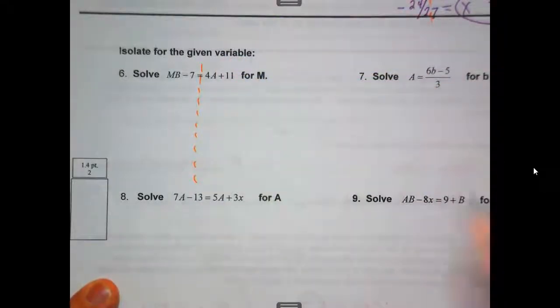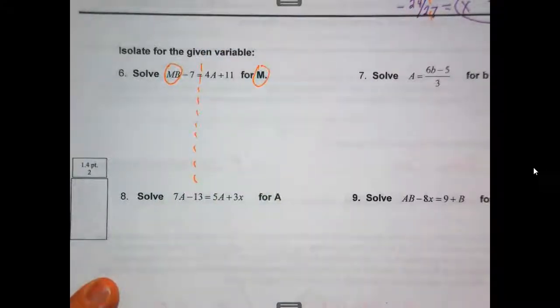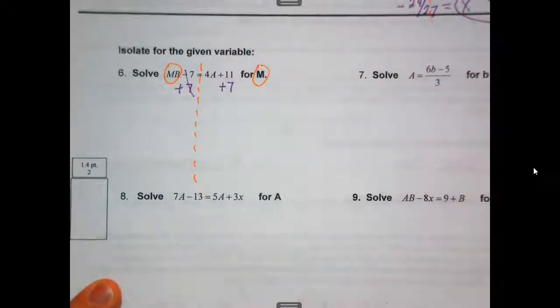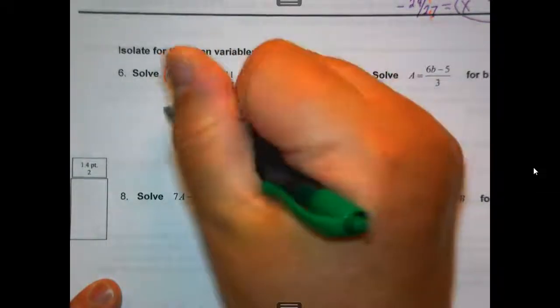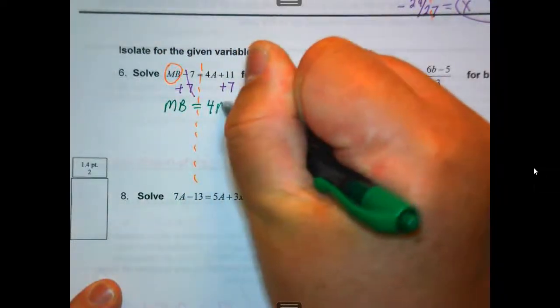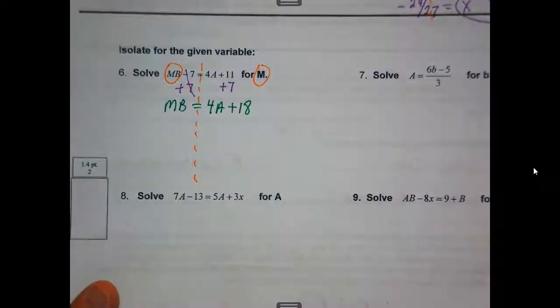Going to solve for m, which means I have to get the m term by itself. So I'm going to add 7 to both sides. So I have mb equals 4a plus 18.